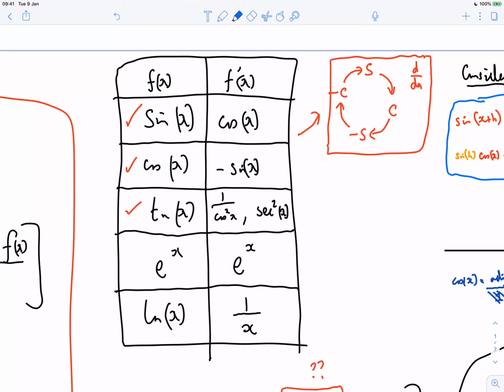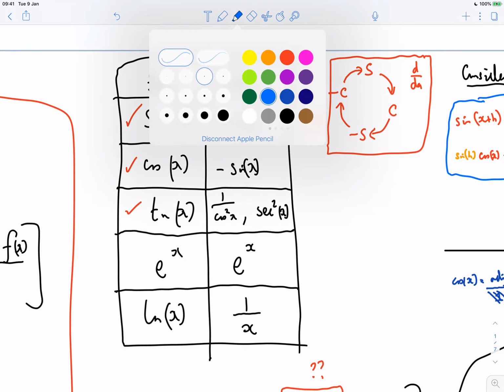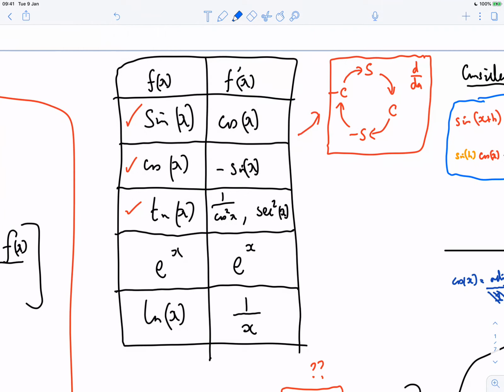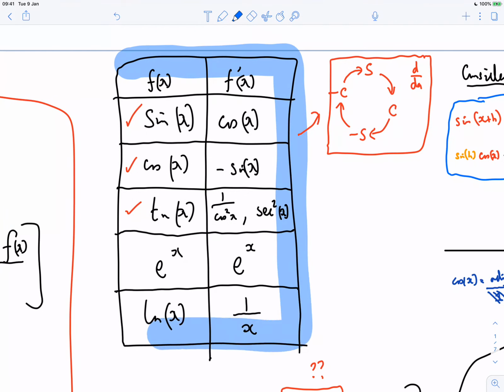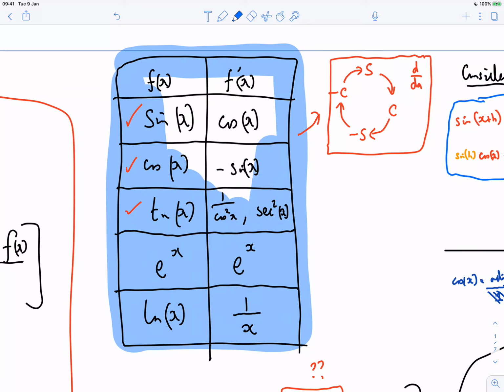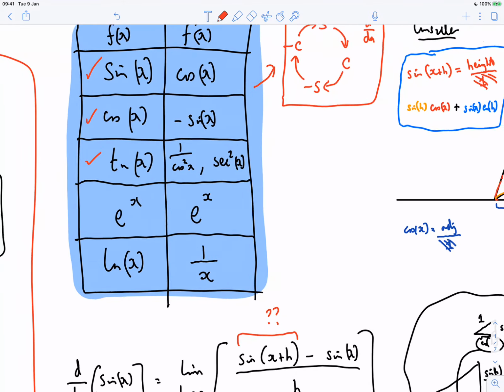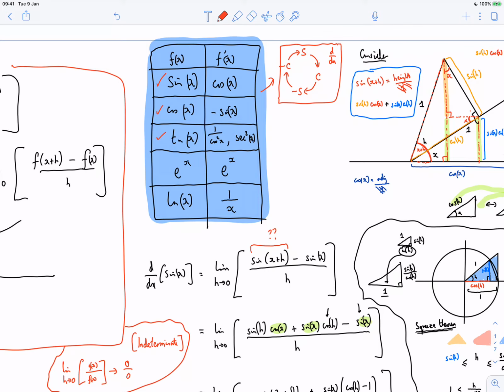And by the way, if you don't want to go through this rigmarole every single time, I suggest you just memorize this. It's really useful. Moving forward, it's expected of A-level students to just have this memorized. Okay, it saves a lot of time. All I'm doing is just showing the proof of where it comes from, just so that you know, and you can say, oh yeah, I saw the proof of it once, I know it's a thing, but whatever.